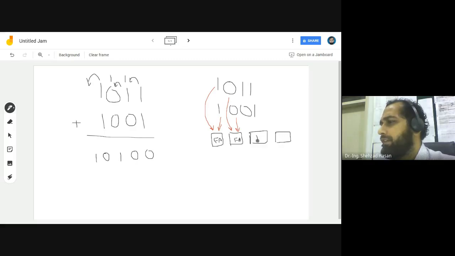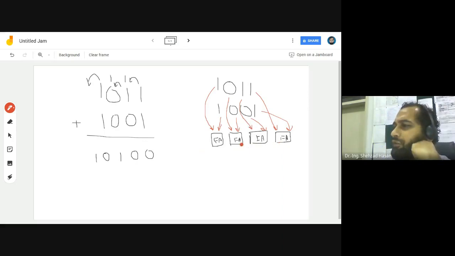There are four full adders, but a full adder has three inputs. So the third input is actually the carry in coming from a different stage. This one goes over here, this one goes over here, and this one goes over here.